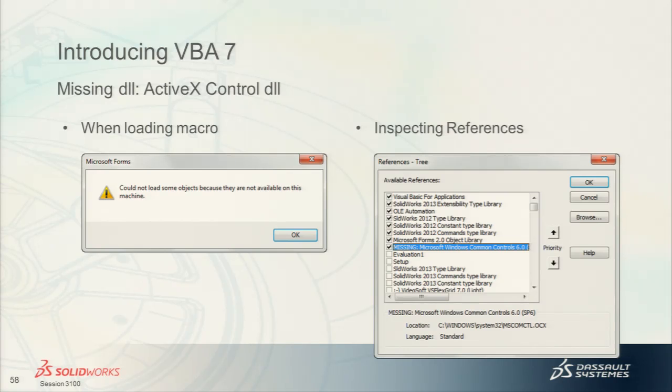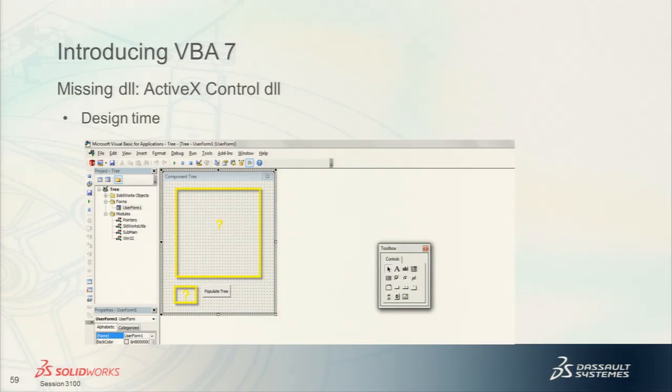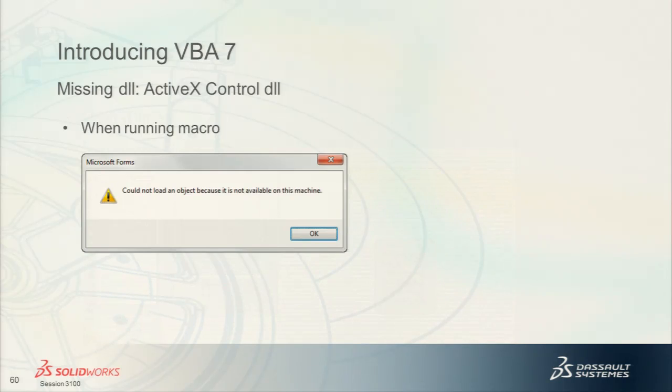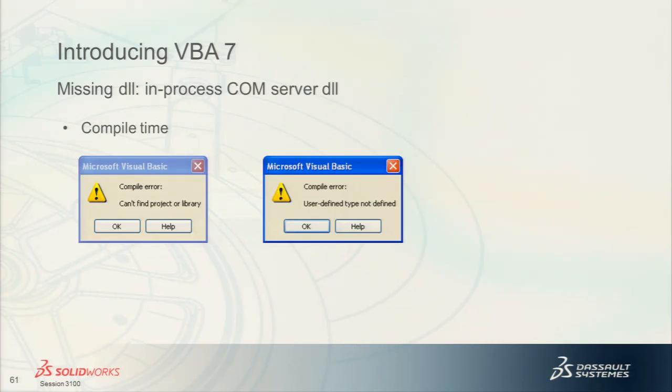Can't find. At design time, if you look at your form, it will be empty, will be staring at you, empty spaces. It will not appear in your toolbox. And as soon as you run it, if it hasn't sunk in by then, again, it can't find the object.